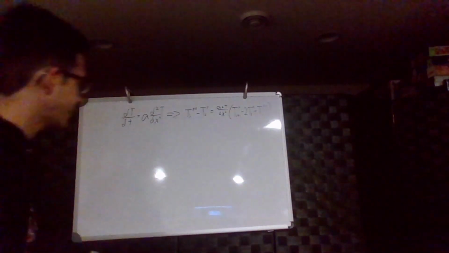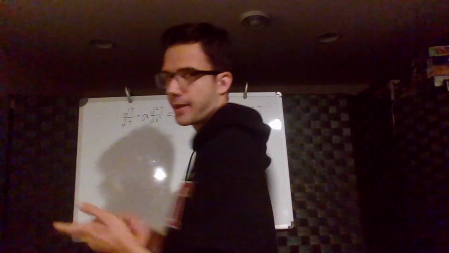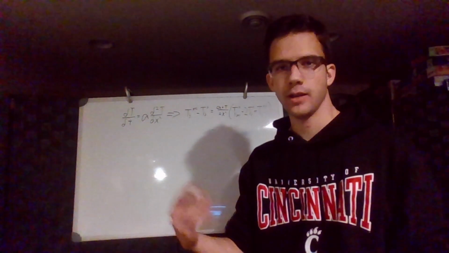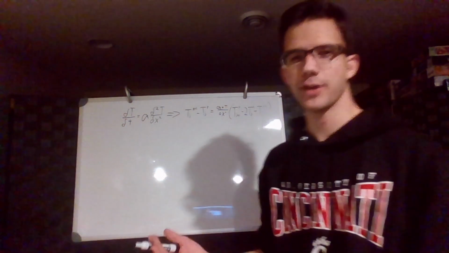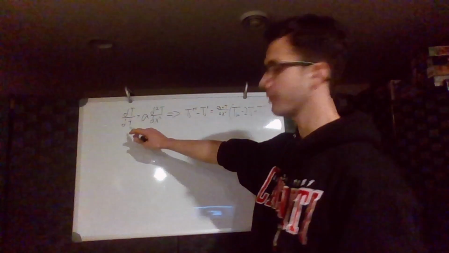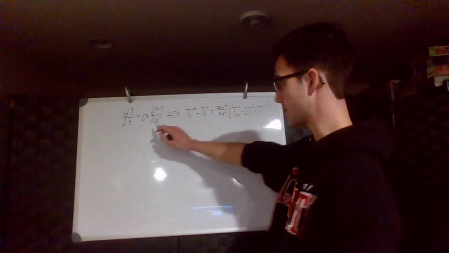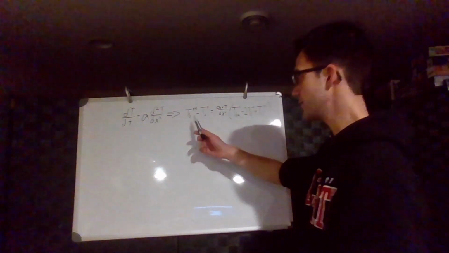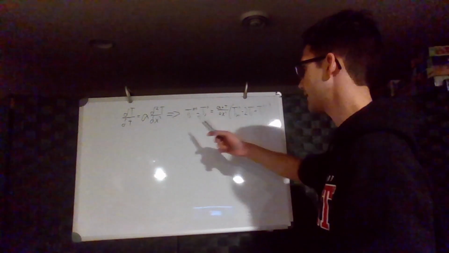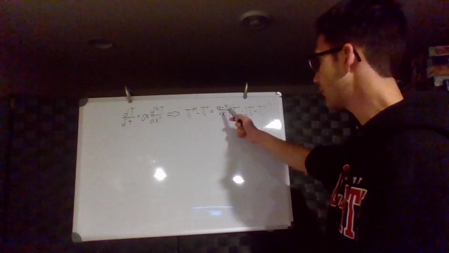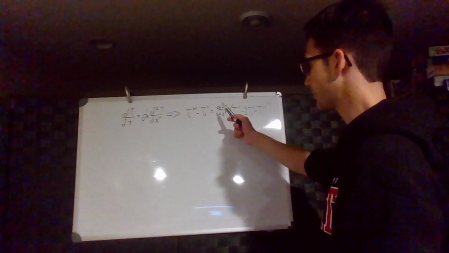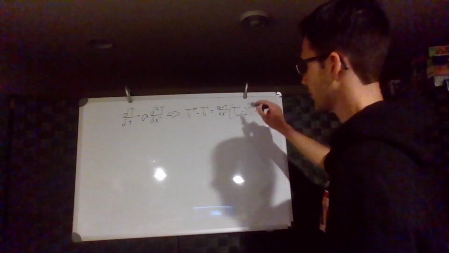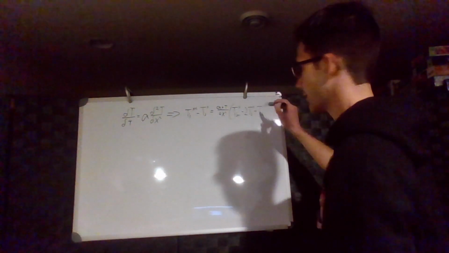But first, let's go back to our original problem, in which we said that we can model the situation we're working with using this simplified form of the heat diffusion equation, which we then expressed thusly. So Tj to the n plus 1 minus Tj to the n equals alpha delta t over delta x squared, which we called r previously, times everything here in the parentheses: Tj plus 1 to the n minus 2 Tj to the n plus Tj minus 1 to the n.